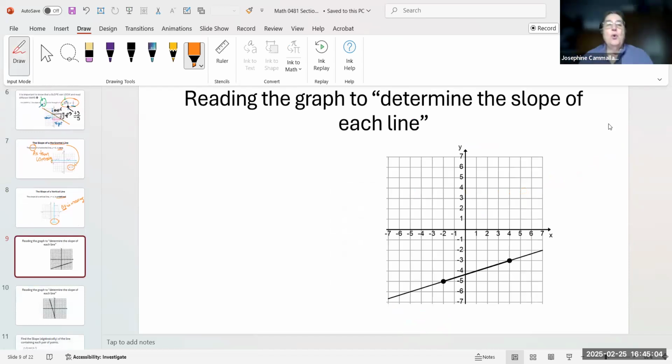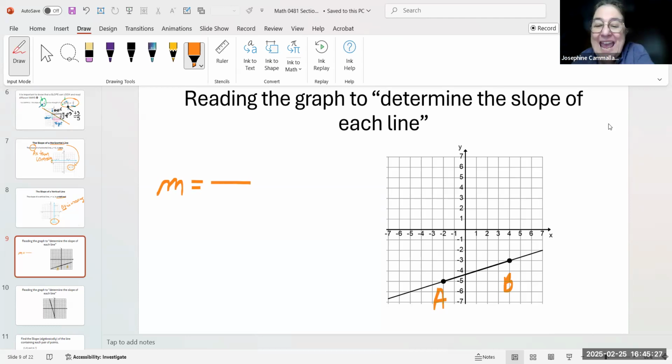Okay, we want to read the graph to determine the slope. Okay, you have 2 points. Now I'm going to call this A and this B. Okay, so my slope, which is this cursive M, now notice what I'm going to do.